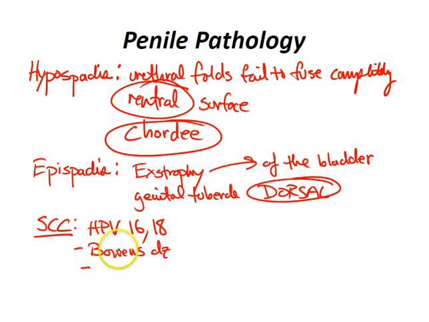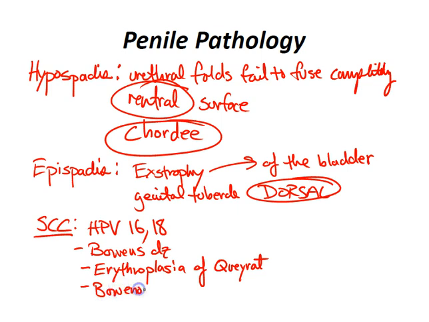You have something called erythroplasia of Queyrat. Then you have bowenoid papulosis. And then you have penile squamous cell carcinoma.